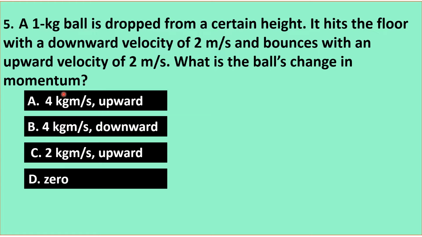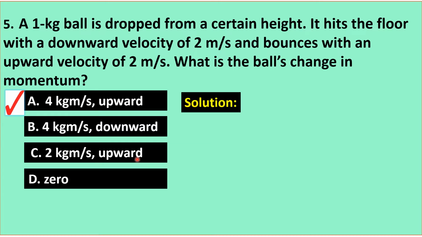Is it letter A, 4 kilogram meter per second upward? Or is it letter B, 4 kilogram meter per second downward? Or should it be letter C, 2 kilogram meter per second upward? Or option D, 0? Okay, so our answer is letter A.